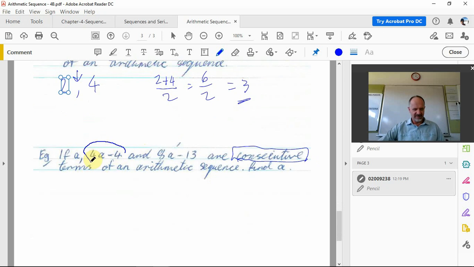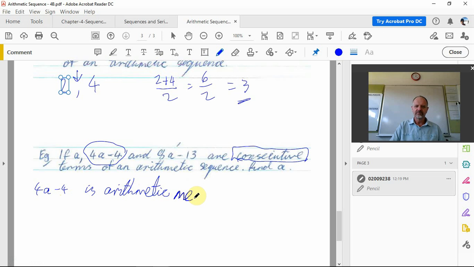So my 4A minus 4 is the arithmetic mean of A and 8A minus 13.